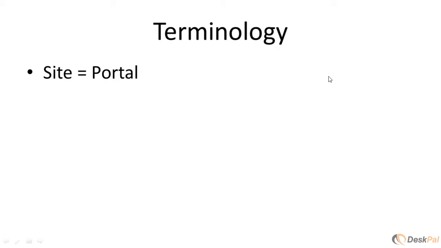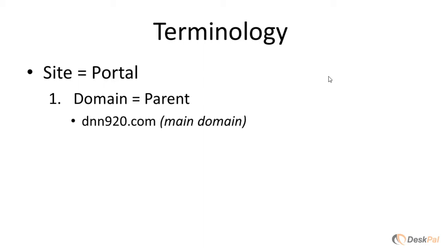However, there are different types of DNN sites. The first one that I want to bring to your attention is the domain, which is the same thing as parent. Traditionally, it has been called parent portal. Now it's called domain. For instance, DNN920.com is a main domain. It's a parent site. It's a parent portal.